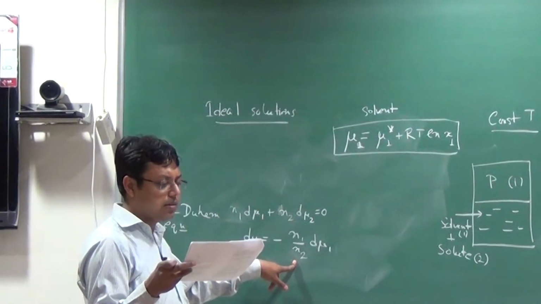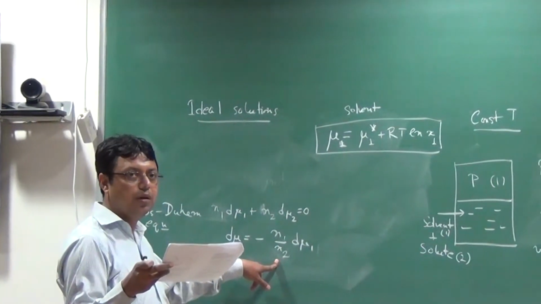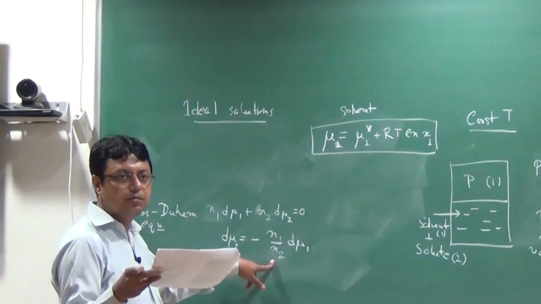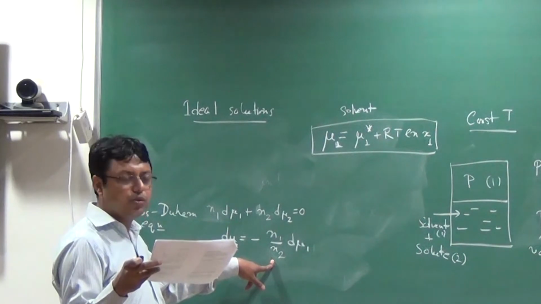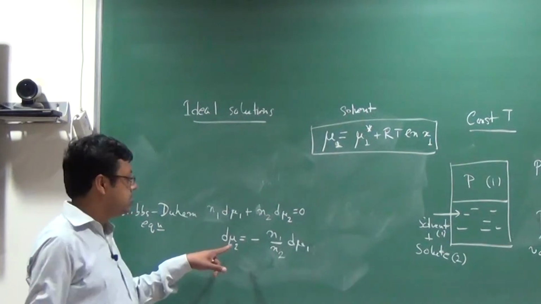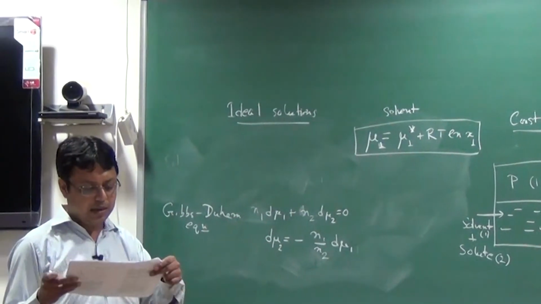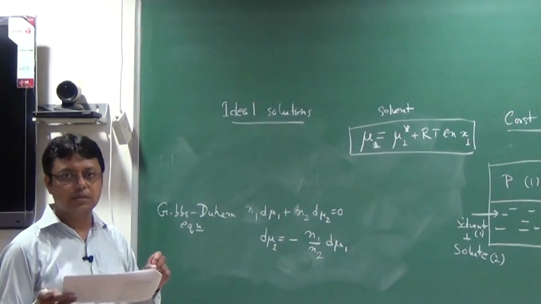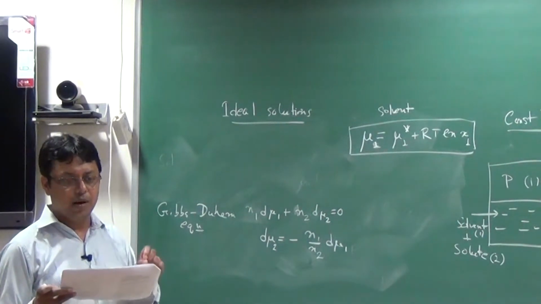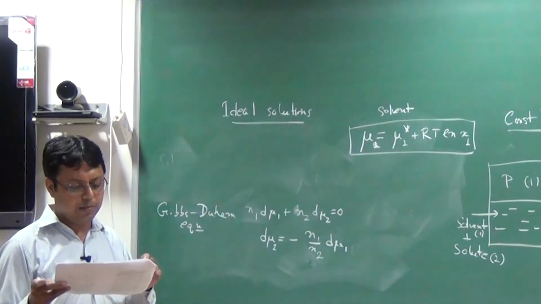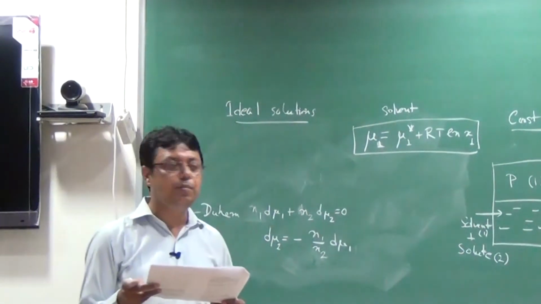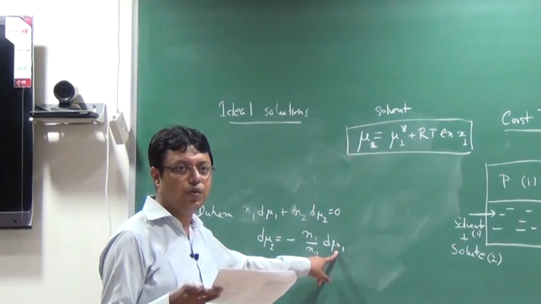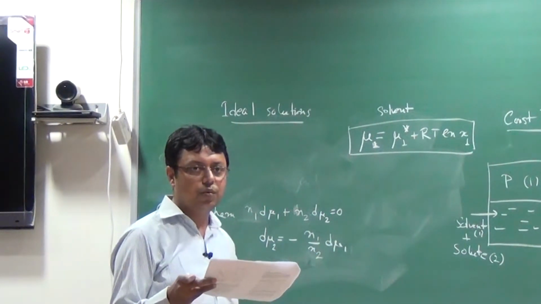If I just write mu equal to mu0 plus RT ln, for the one solution, what should I get? Can I write mu1 at constant temperature and pressure for the solvent? What is d mu1?